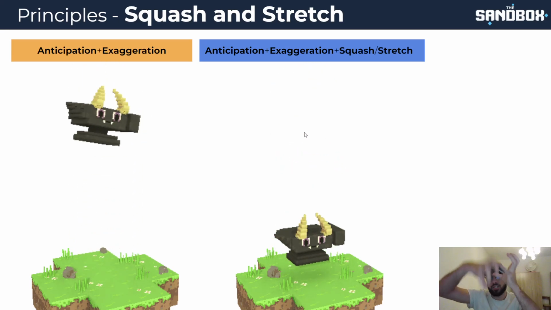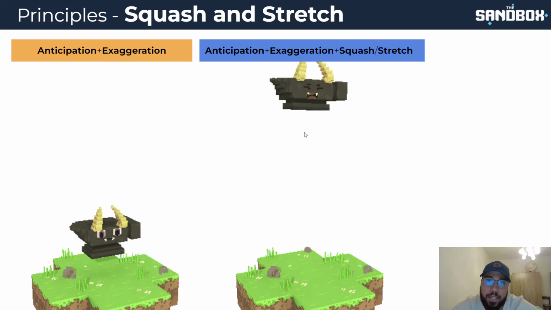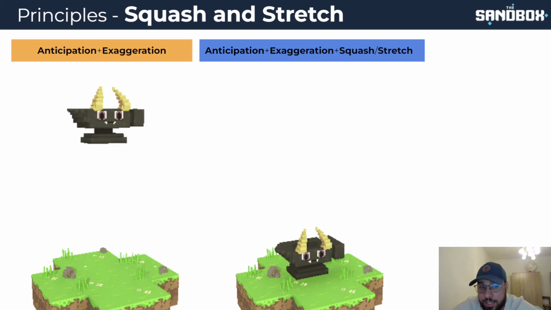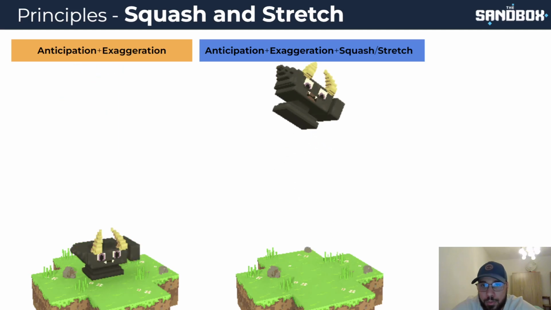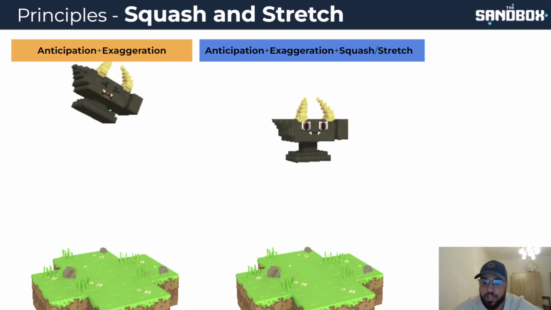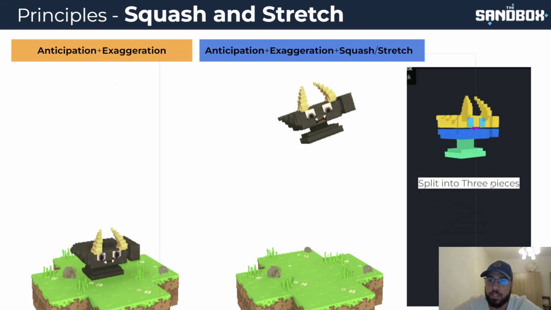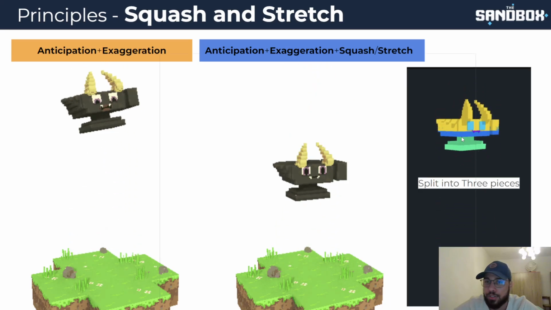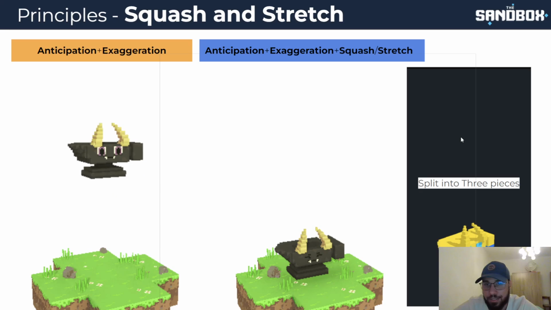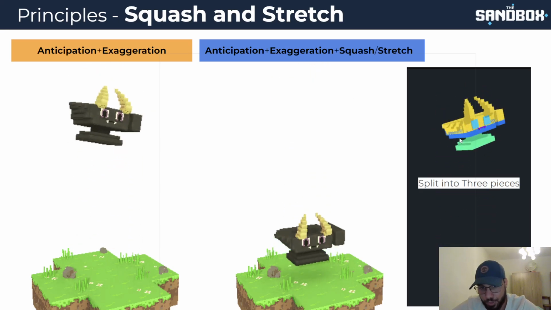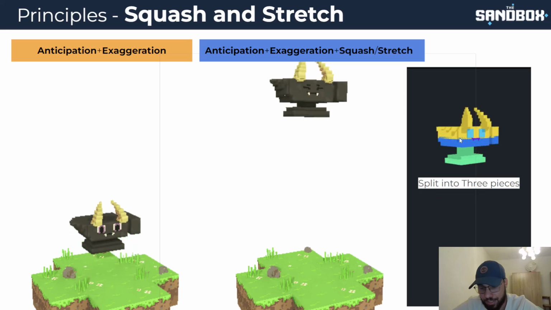Everything is squashing and stretching. Even if it's only in the vertical, it's still amazing how we can create pretty good effects with that. And here you can see how we made that: just three pieces. Using these three pieces, you can create amazing effects.